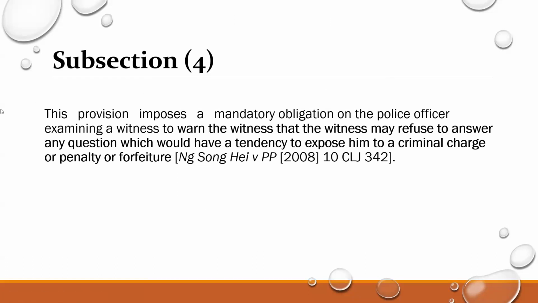Okay, where were we? So subsection 4, the provision of Section 112, compel the police to give warning to the witness, whereby they have the right to refuse to answer certain questions that subject them to criminal charge, penalty, or forfeiture, some forfeiture towards the property.